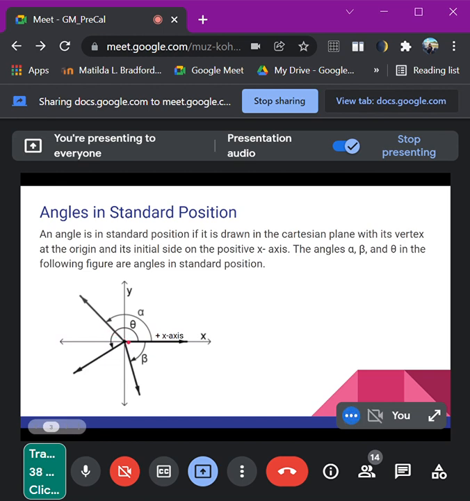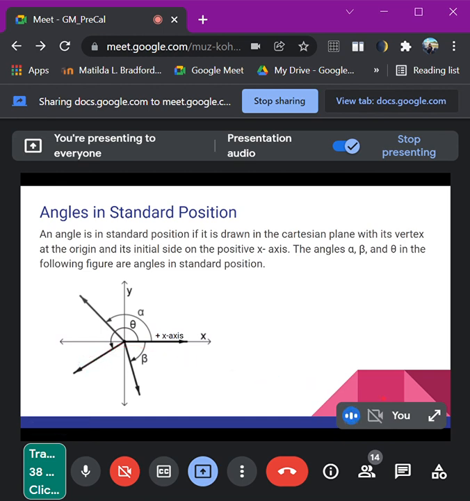Okay? And then for our beta, class, its initial side is the x-axis. And the terminal side is this one, where its angle stopped. And the same goes for our theta. Its initial side is again the x-axis and its terminal side is where its angle stopped.